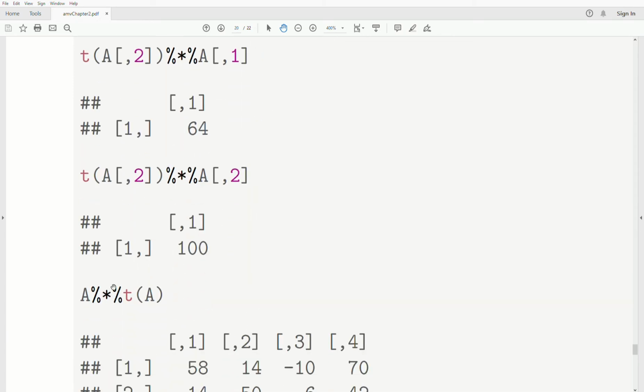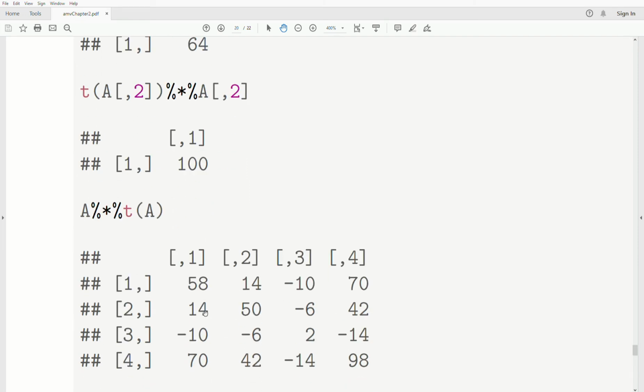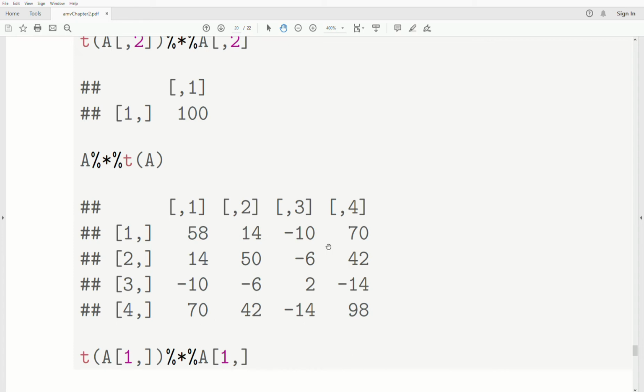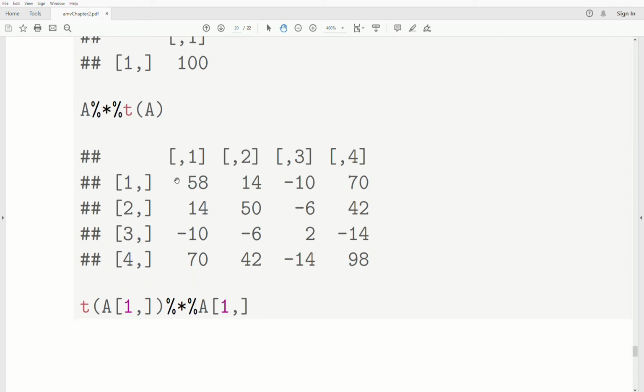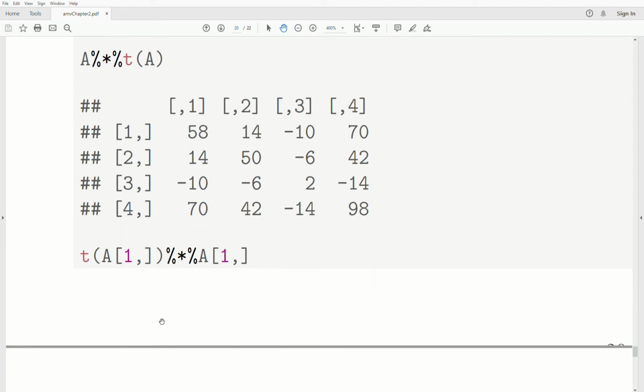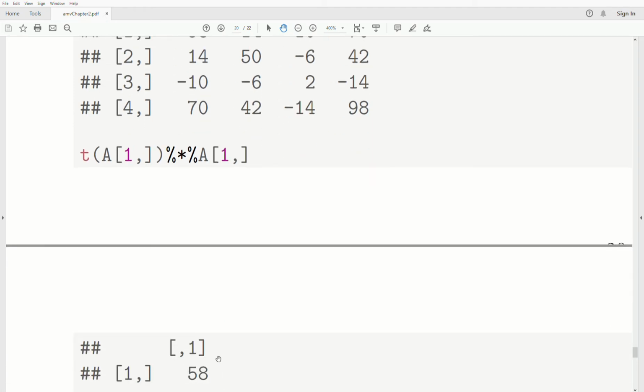Now, if we take A times A transpose, then it's a 4 by 4 matrix, but it's the dot product of the rows of A. So this first entry, 58, since it's 1, 1, is the dot product of row 1 with row 1, and it should be 58. Yep.